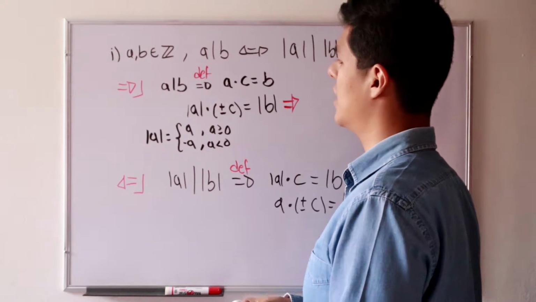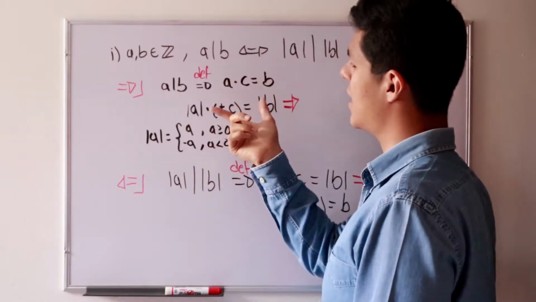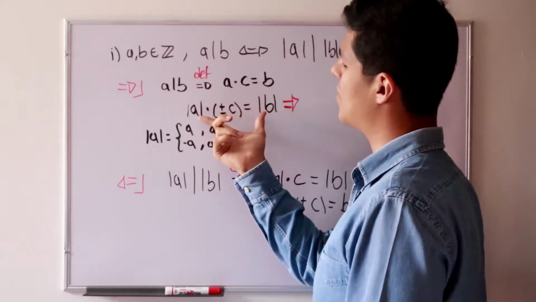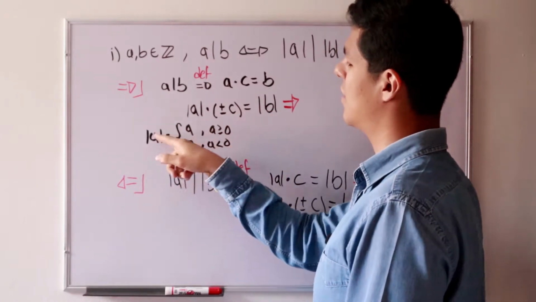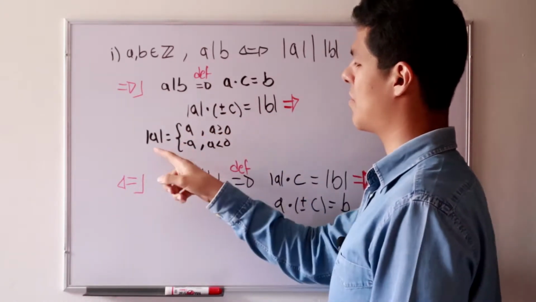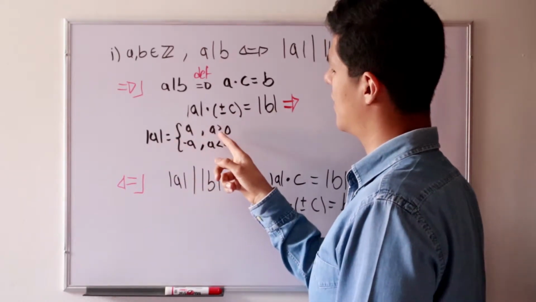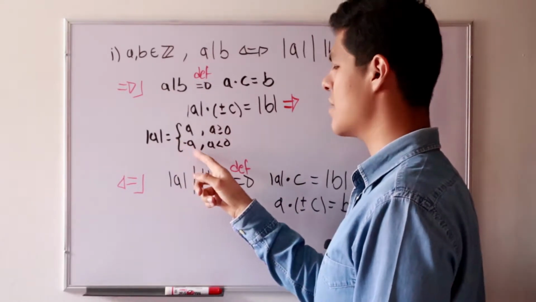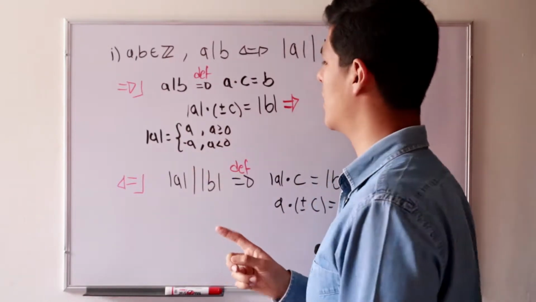For example, if the two of them are positive, then we can change those to the absolute value of A and the absolute value of B, because from the definition of the absolute value, it is A if A is greater or equal than 0, or minus A if A is less than 0.